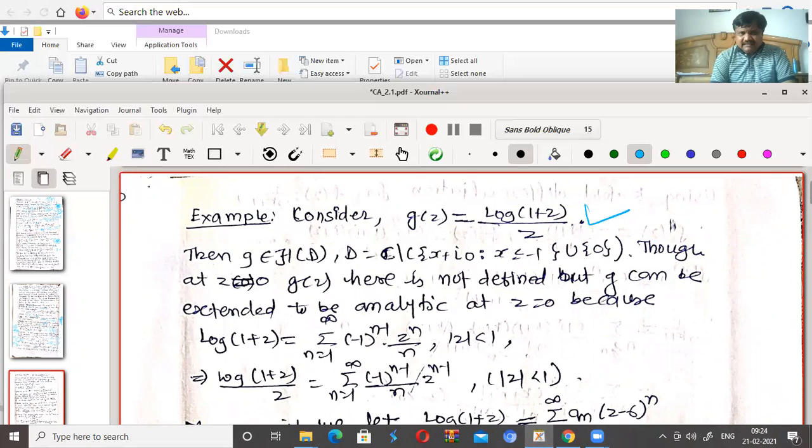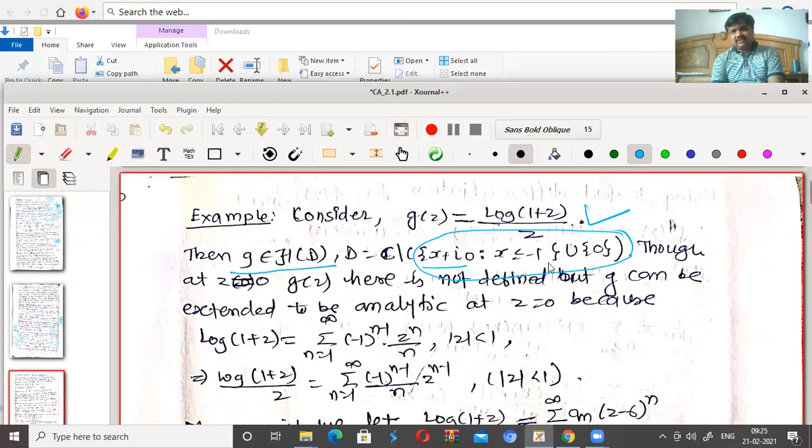This is analytic in D, where D is C minus the set of x plus i0 with x less than or equal to minus 1, union 0. So this g is defined in C. If I remove these from that C, how? At 0, this is not defined.